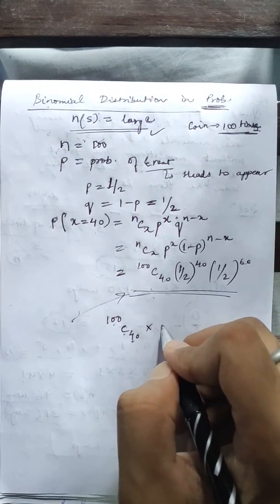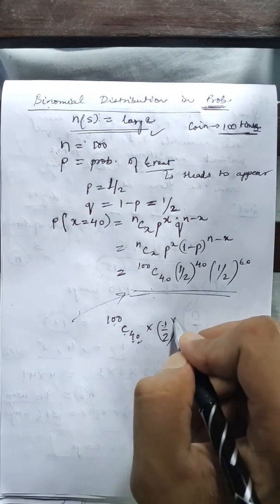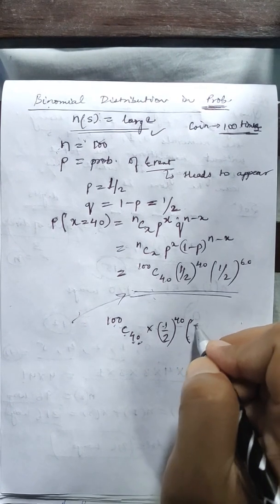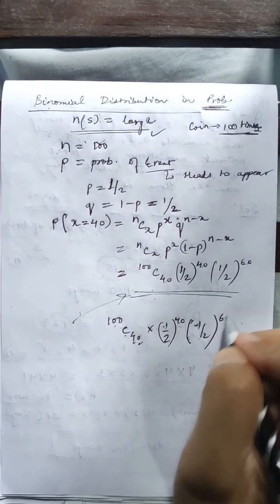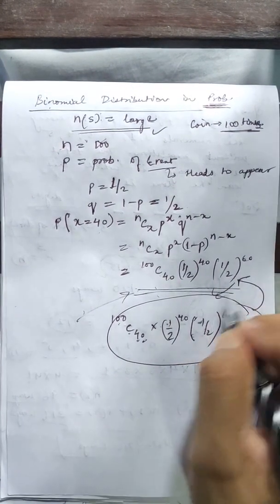Then we use the probability of that event occurring, 1 by 2, 40 times, and for the remaining 60 times heads do not appear, the probability will again be half to the power of 60. So the same thing is indicated by the binomial distribution.